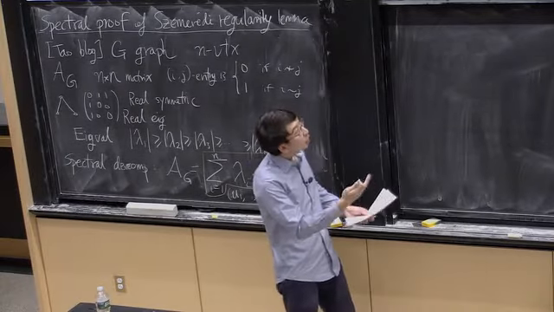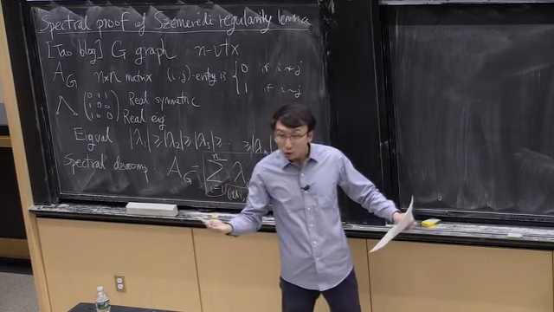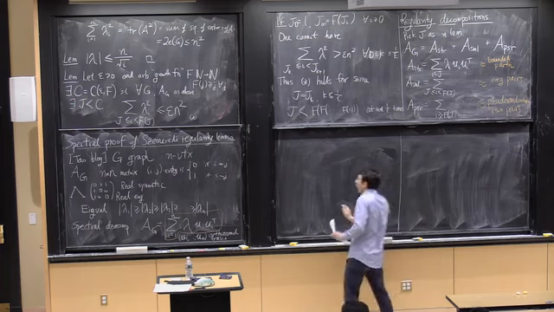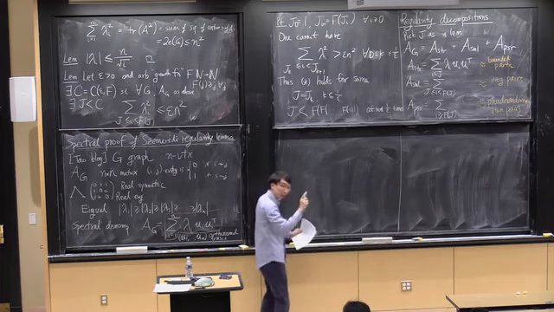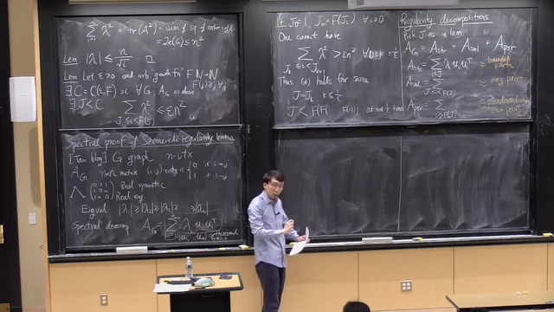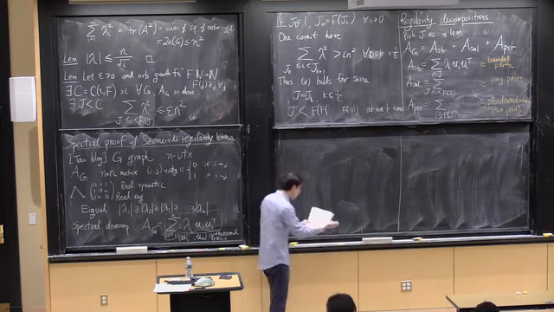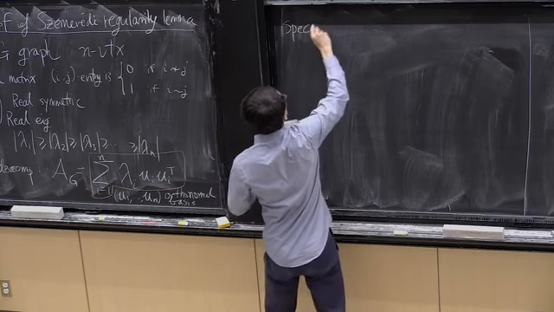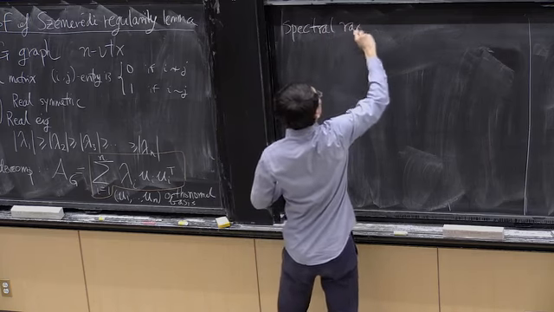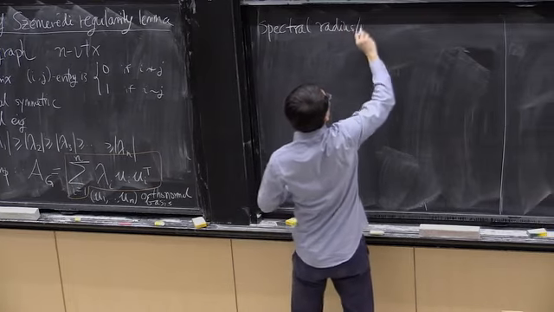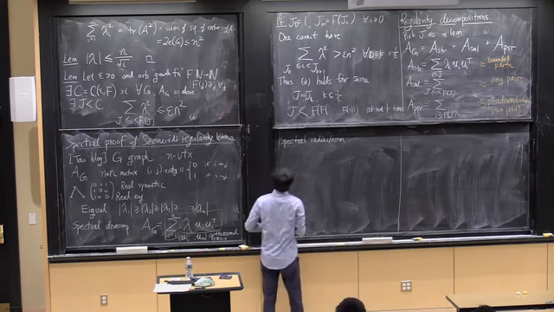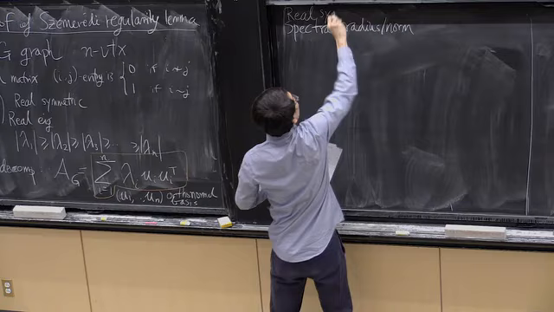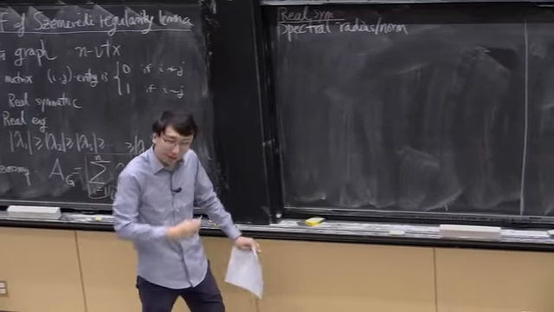First, to understand what the spectral data have to do with partitions, let me remind you of a basic fact about how the eigenvalues of a real symmetric matrix relate to other properties of this matrix, namely this notion of a spectral radius, or sometimes called spectral norm. So far, I'm only going to discuss real symmetric matrices. Many of the things I will say are not true if you're not in a real symmetric case.